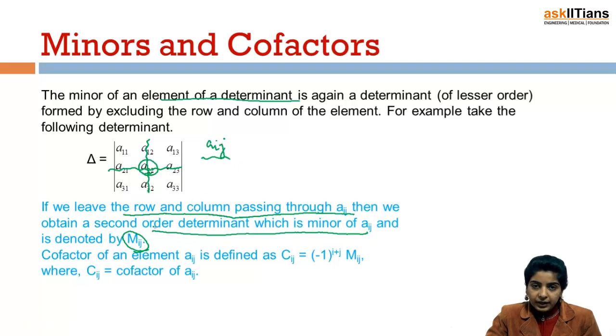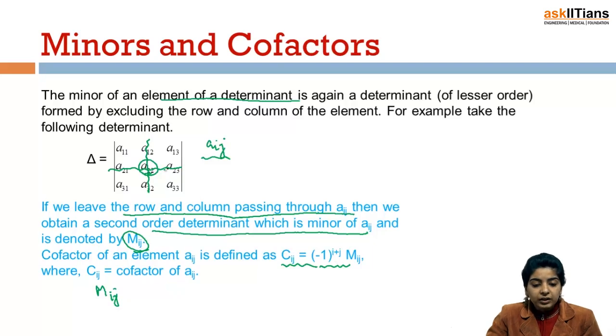We denote minor by Mij, capital M, subscript ij, and similarly we have the concept of cofactor. The cofactor of an element Aij is defined as Cij, which is equal to (-1) raised to the power i plus j times Mij, where Cij is the cofactor of Aij.